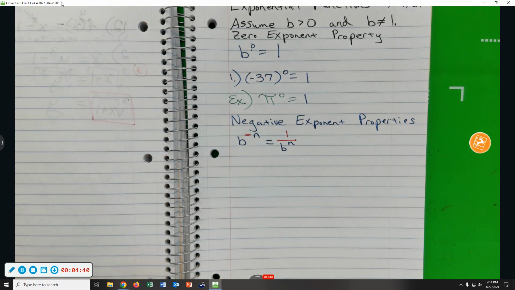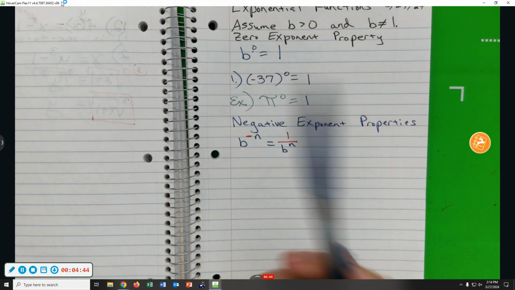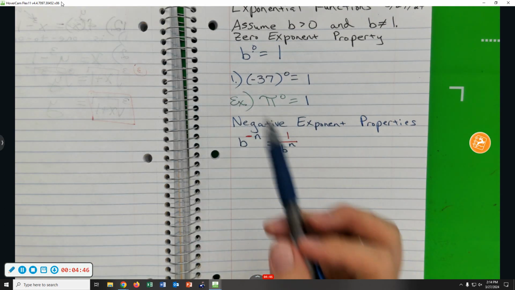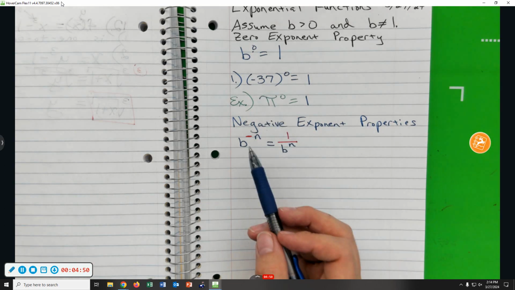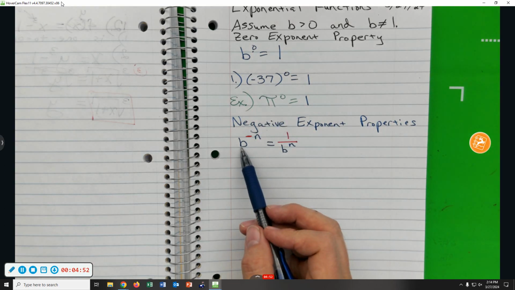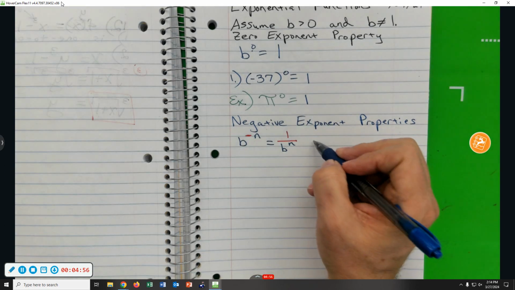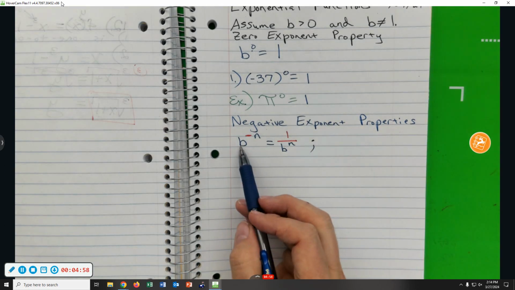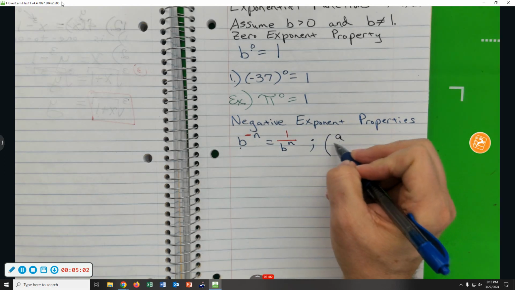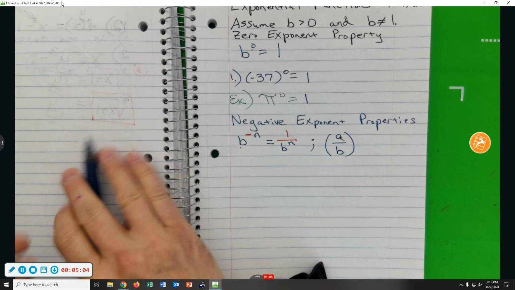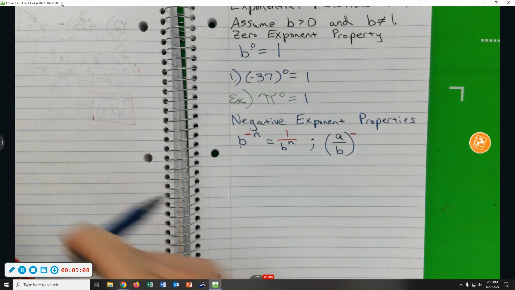Some terminology: the thing that's being raised to a power is called a base. That's why I like to use b's in this case, because it's a base to a power. Suppose our base is a fraction, a over b, all raised to the negative n.